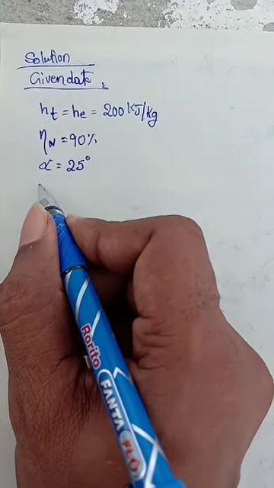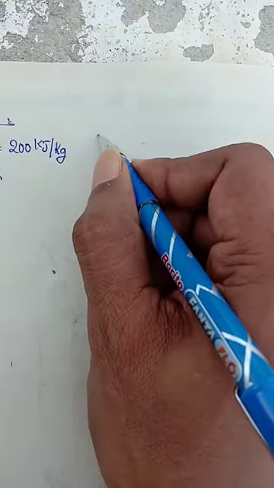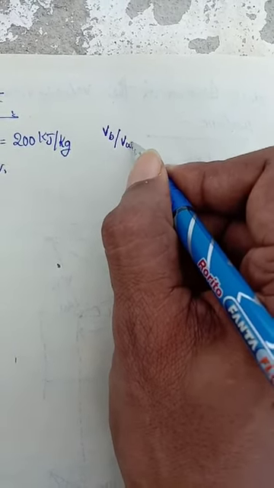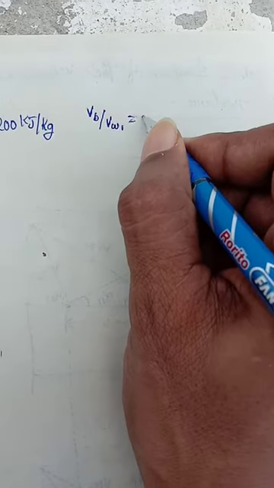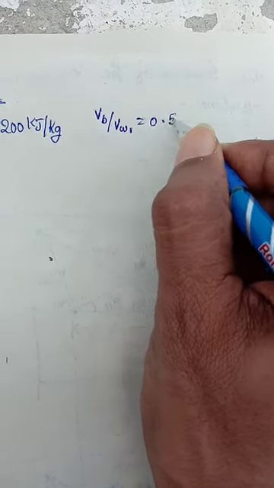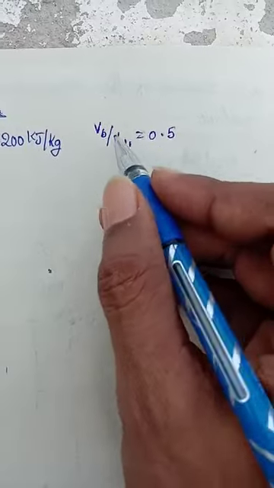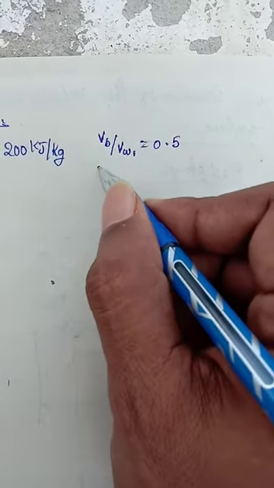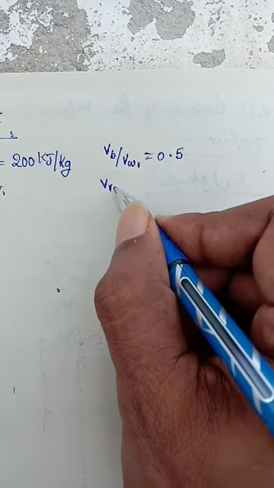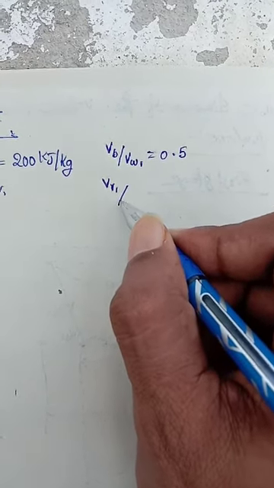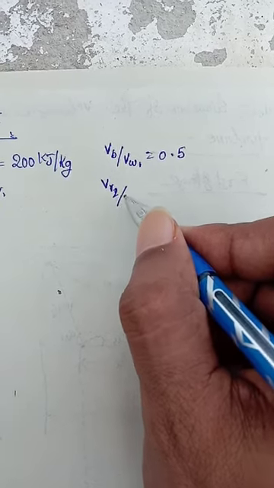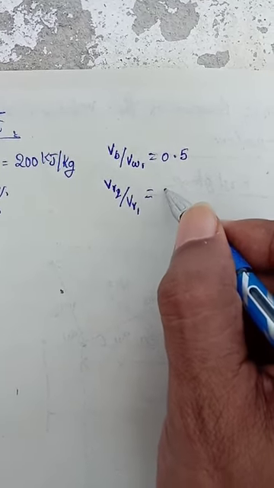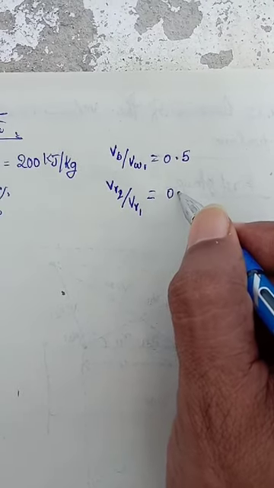So now we can write this: blade speed divided by whirl speed is equal to 0.5. Then blade coefficient is 0.9. So the blade coefficient is equal to VR2 divided by VR1, that is equal to 0.9, given.